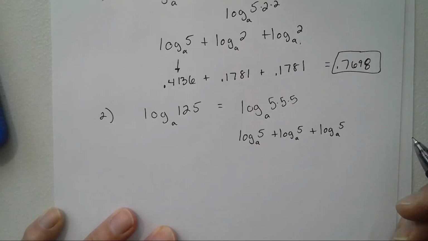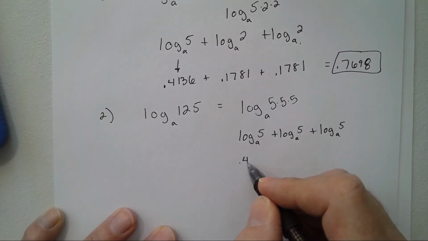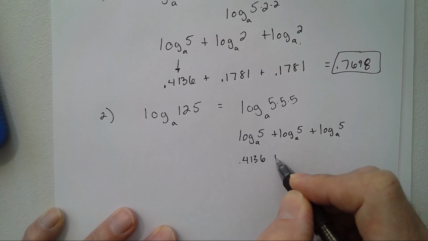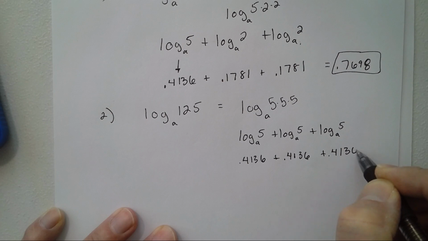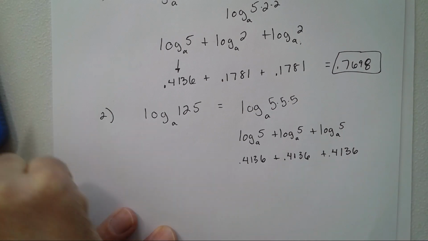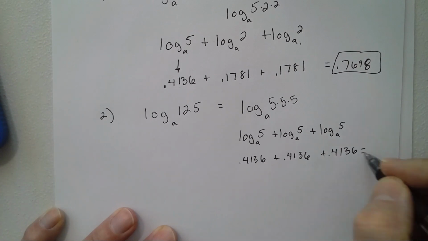And we know that the log of 5 base A is 0.4136, so we just do that 3 times. 0.4136 times 3 gives you 1.2408. So that'd be our answer.